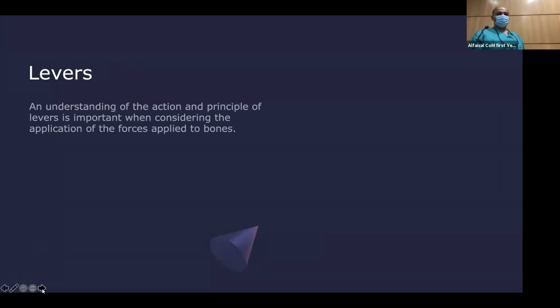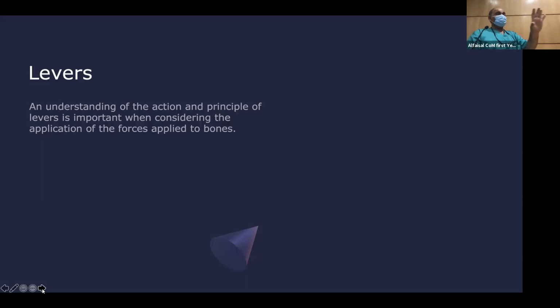Now, let's talk levers. What do you understand by the term lever? To understand the action, the function, the performance of a muscle, we need to understand levers. And primarily, we have three types.